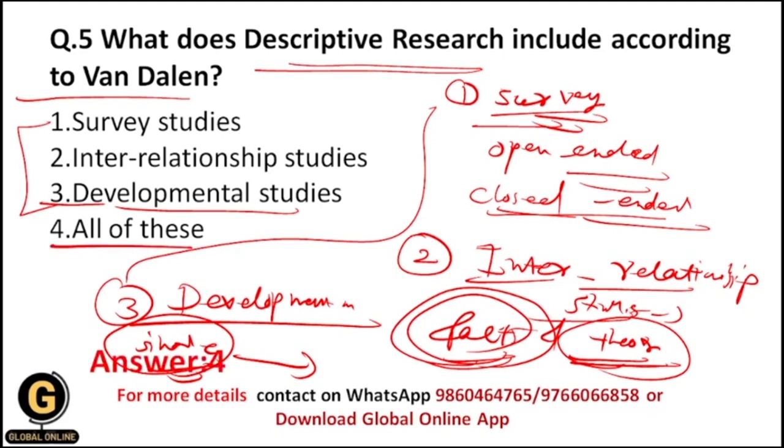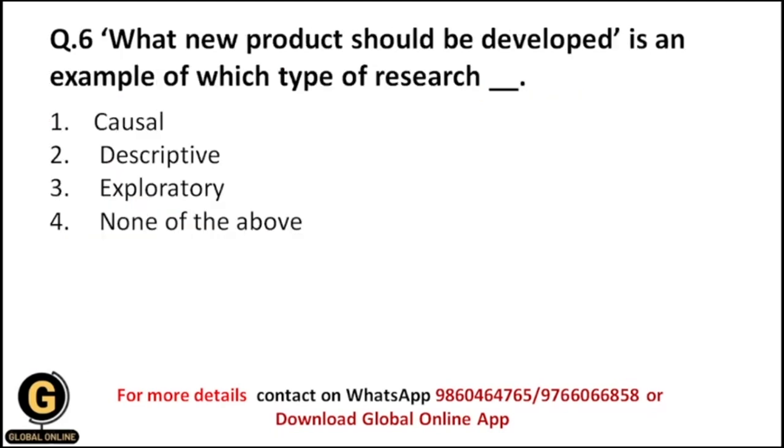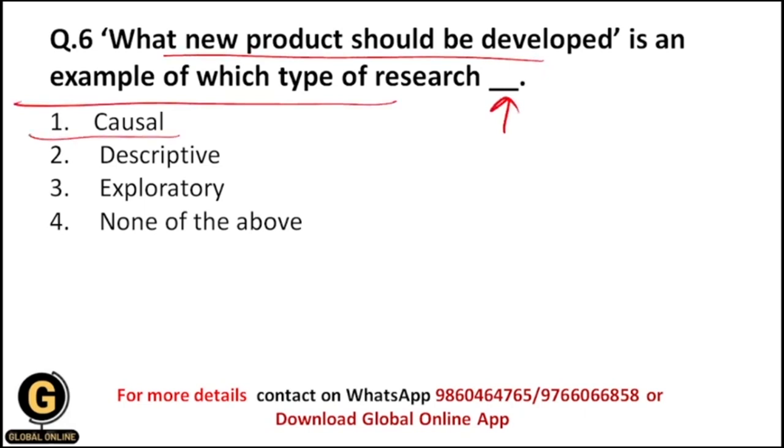Okay. Now next is, what new product should be developed is an example of which type of research? Whether it is causal, descriptive, exploratory, or none of the above. So students, if I want to get the answer for the question what new product should be developed, then which kind of research type do I need to follow?